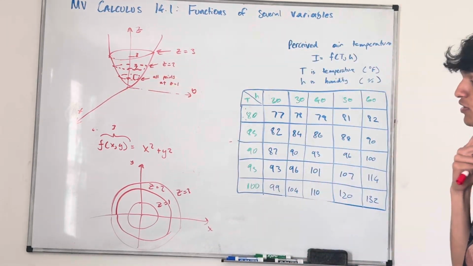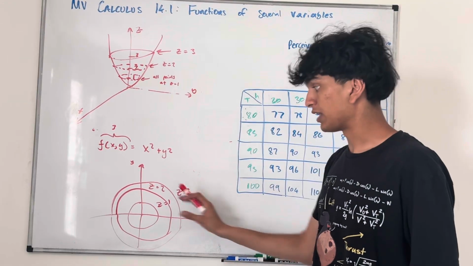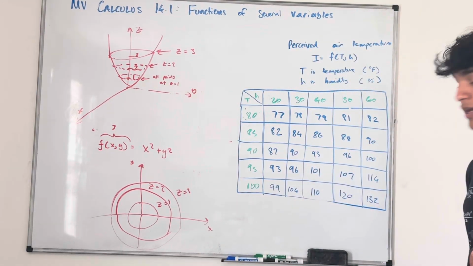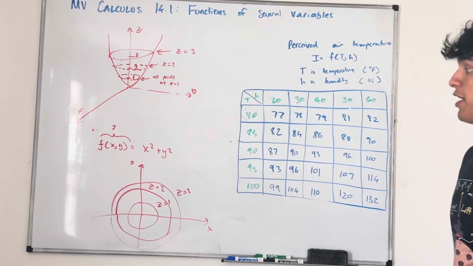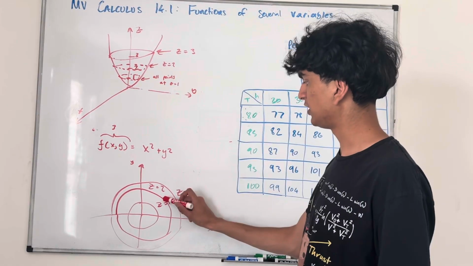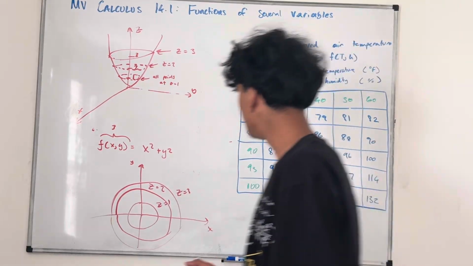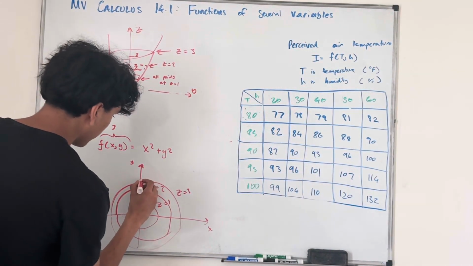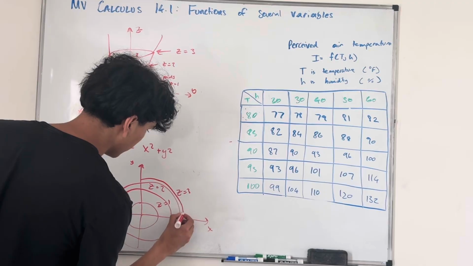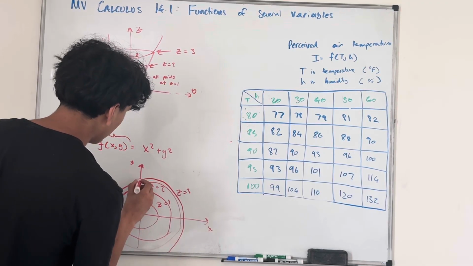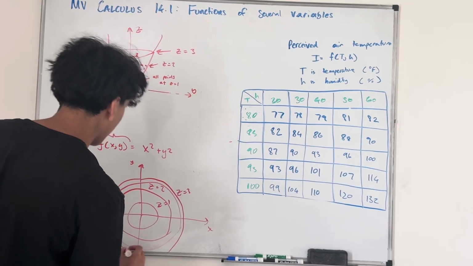And you will notice the closer the lines are together, the steeper it gets, right? Think about it: if this is z equals 2, and this is z equals 3, and let's say I have z equals 4 very close to z equals 3. So this is my z equals 4 curve that I'm drawing in right now.